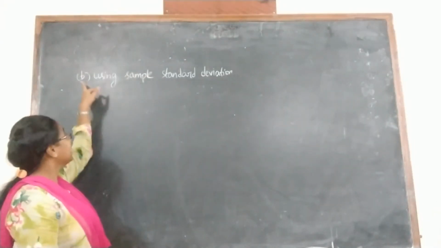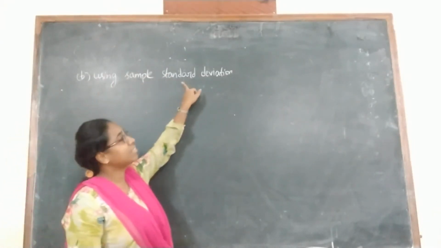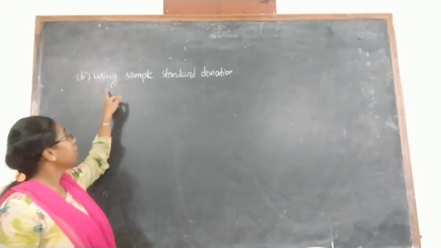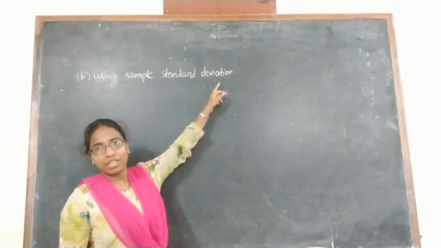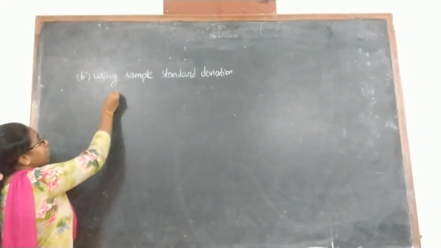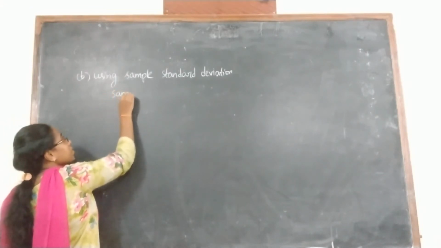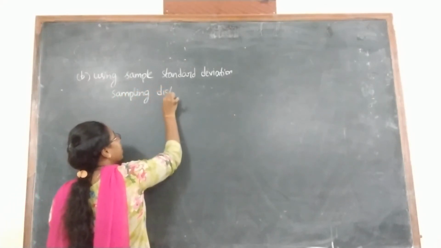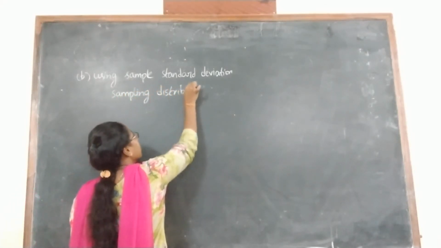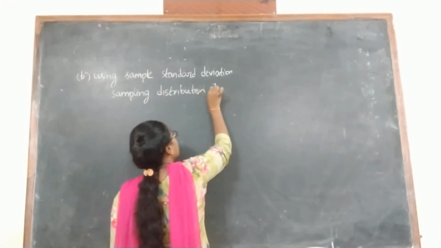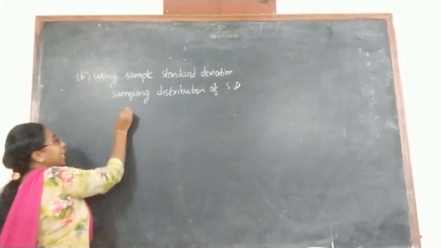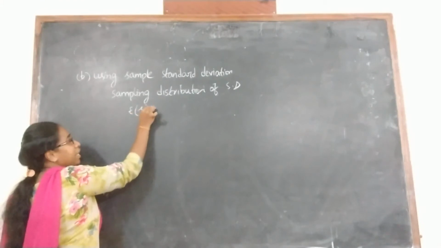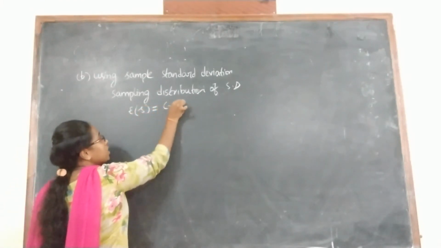Now we will see the second case for estimating the standard deviation, where you will use the sample standard deviation. From the sampling distributions of standard deviation, we have expectation of S equals C2 sigma.